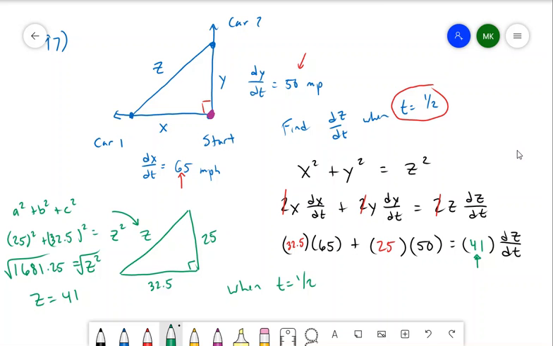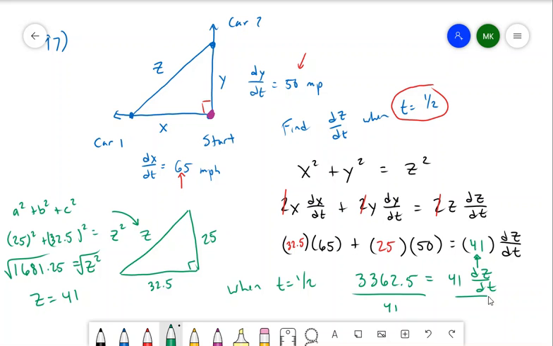Now we want to finish solving for dz/dt. I'm going to use my calculator again: 32.5 times 65 plus 25 times 50. We end up with 3,362.5 equals 41 dz/dt.